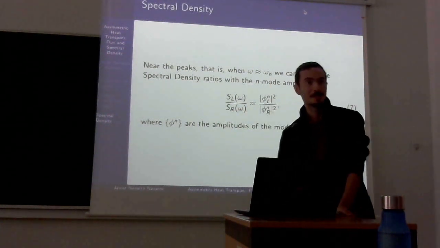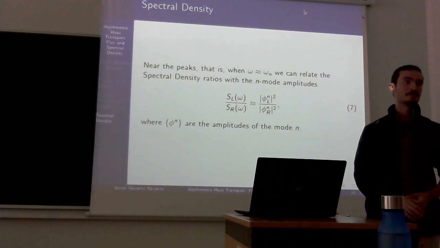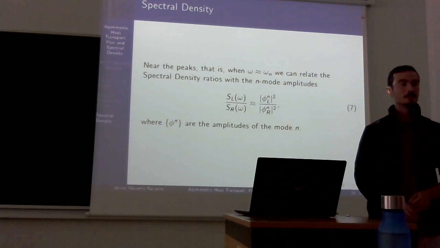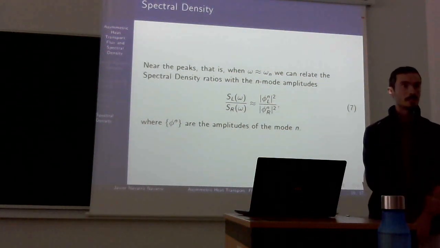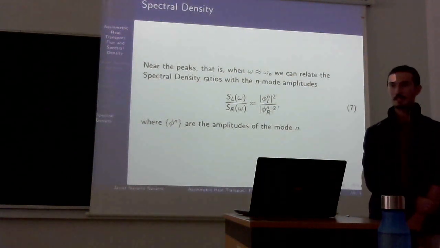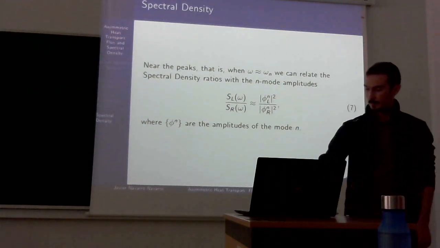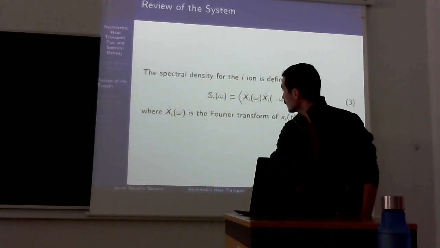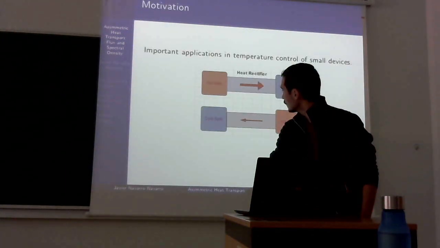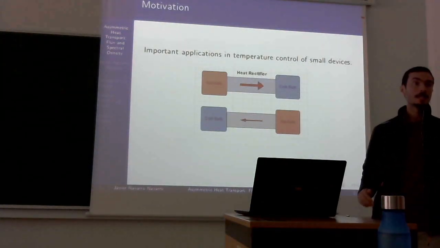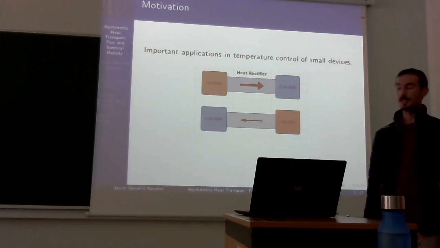I have a question. You have some dissipation in those harmonic potentials, so the ions lose energy, right? Yes. Does this also contribute to the heat of the bath? The dissipation contributes to the heat of the energy that is lost.